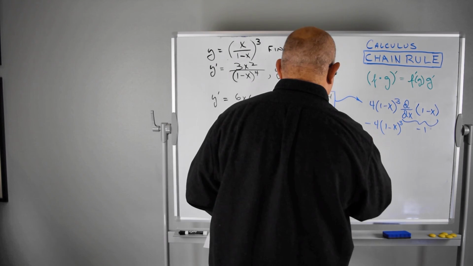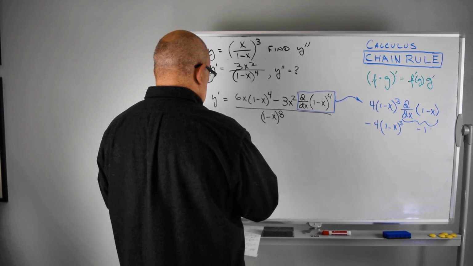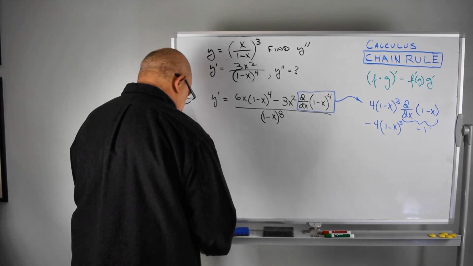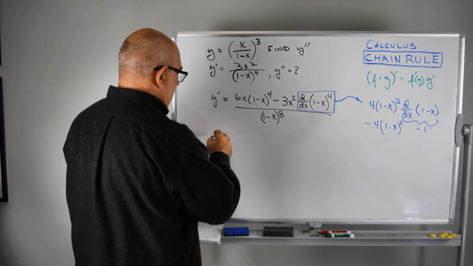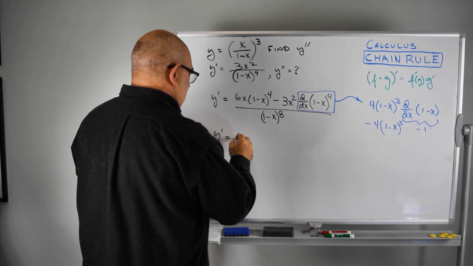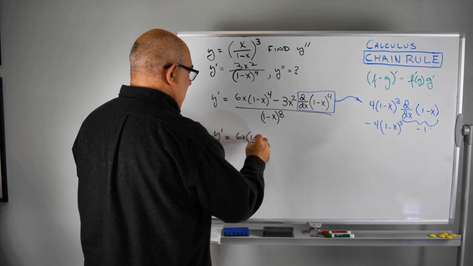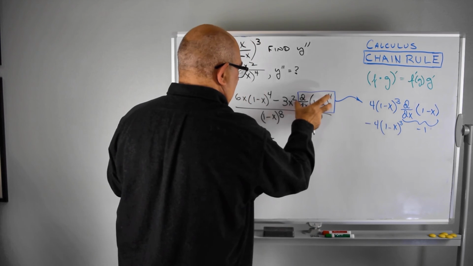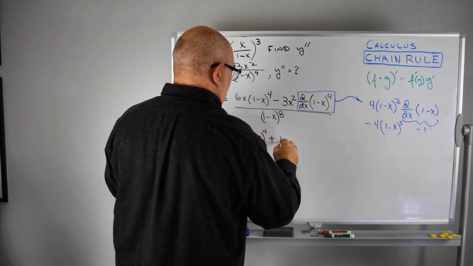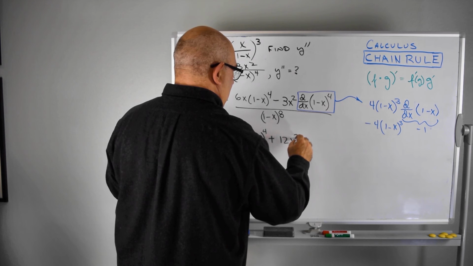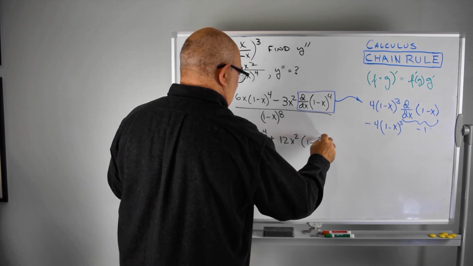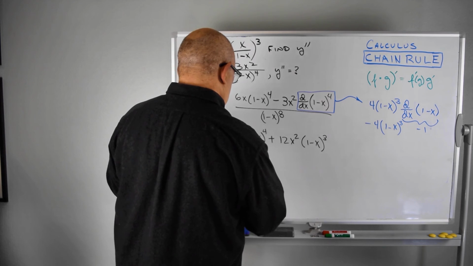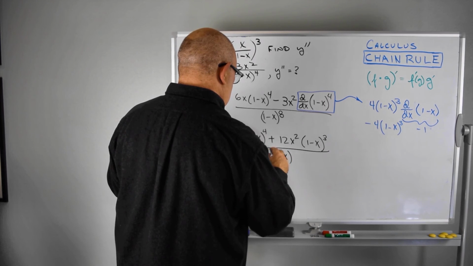So, if we substitute that back in here, we get y prime equals 6x times 1 minus x to the 4th minus, let's take this and put it in here, and that's going to be plus 12x squared times 1 minus x cubed, all over 1 minus x to the 8th.